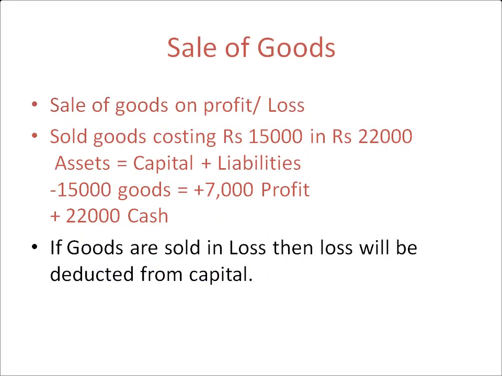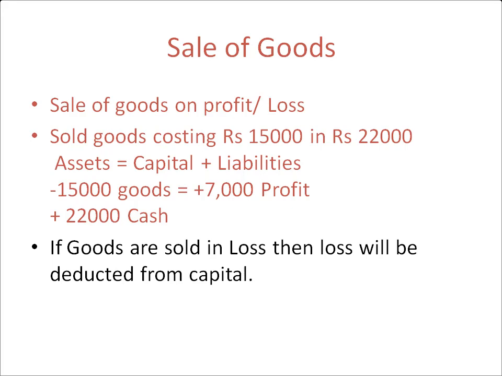Further, in sale of goods, if the goods are sold at a profit or at a loss, what will happen? Sold goods costing rupees 15,000 for rupees 22,000. We have the accounting equation, assets equals capital plus liabilities. When the goods costing rupees 15,000 are sold, that means goods are decreased by 15,000 on the asset side, and cash is received, 22,000.